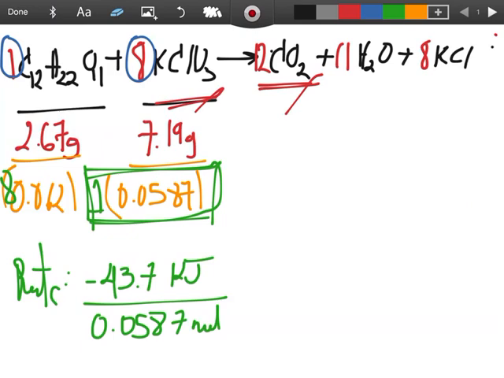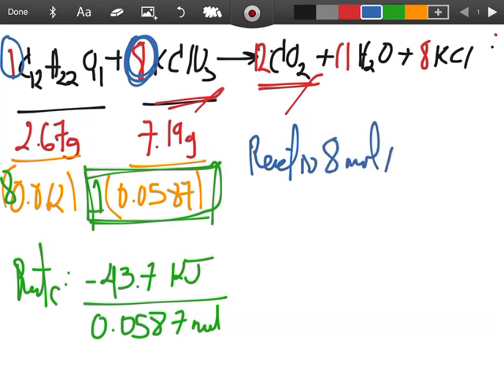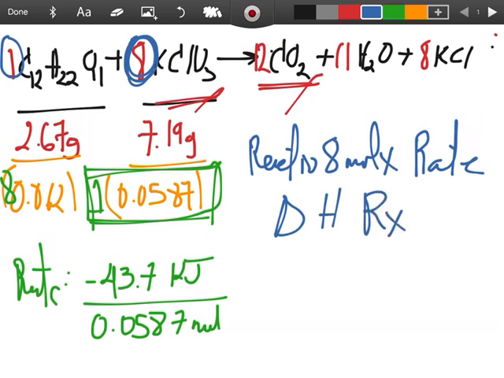So basically, what we have to propose now is that the reaction depends on whom? On this 8. So I'm going to need 8 moles to multiply by the rate, right, to figure out the change of enthalpy of the reaction. Very well.